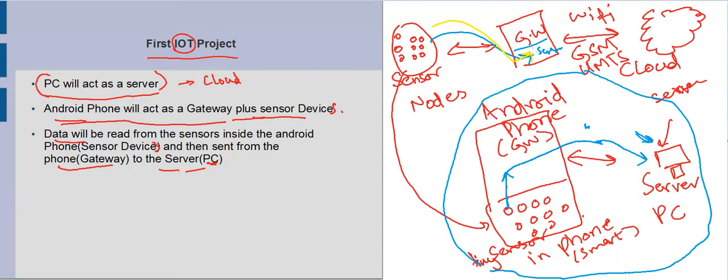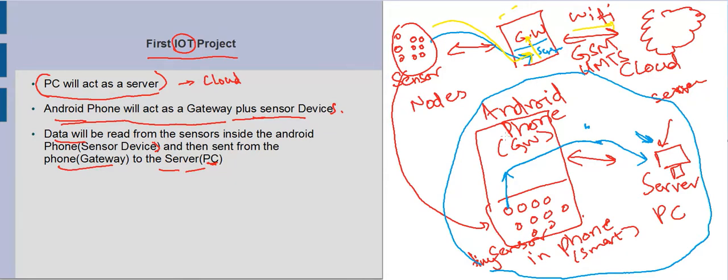The gateway and the sensors are located on the same device, and the same device is going to read the value from the sensors and also send the value to the cloud, and receive acknowledgement or whatever. This is the second topology.